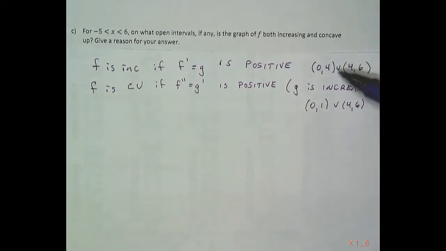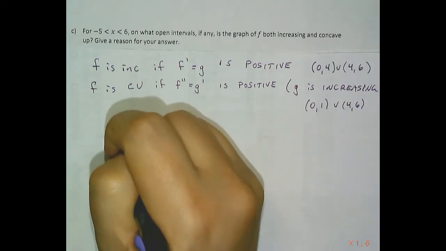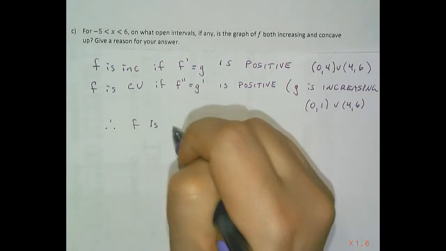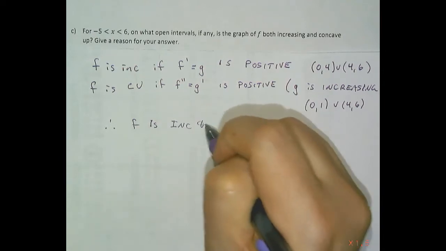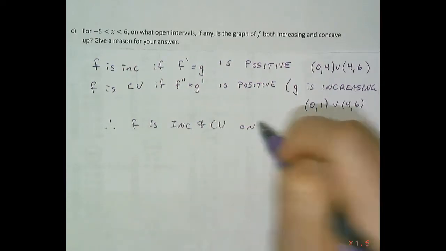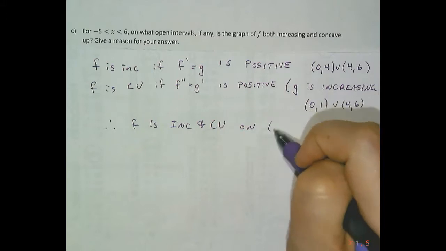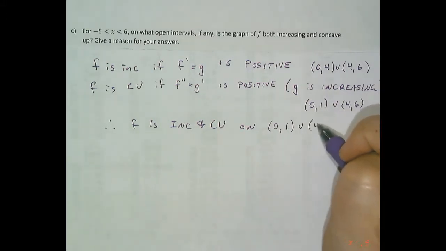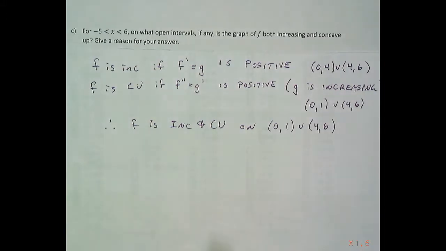So the overlap of these two boundaries, therefore, f is increasing and concave up on, well, they overlap 0 to 1, and they overlap 4 to 6. So that is the boundaries where it is increasing and concave up.